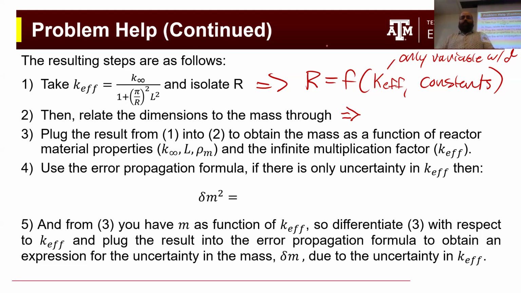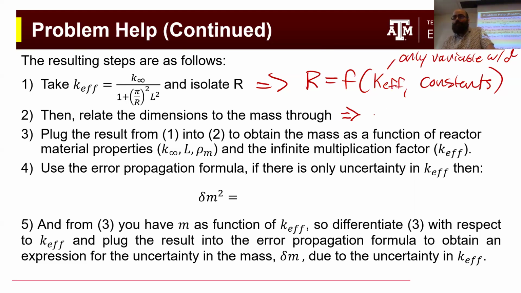If you wanted to get the mass of a sphere and you knew the radius of the sphere, what would you do? Density, right? Density is the thing that's going to relate the mass and the dimensions.